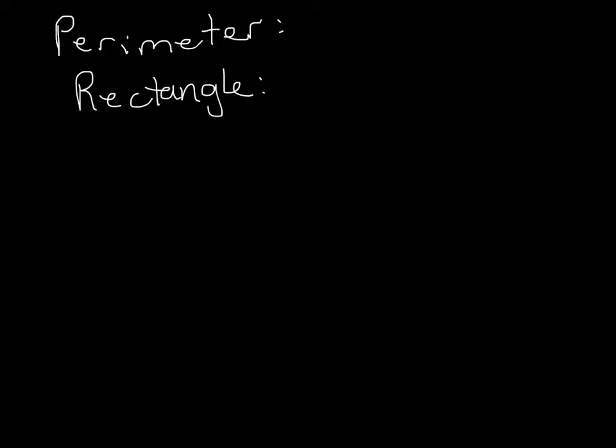But anyway, rectangle, it means the opposite sides are the parallel sides. Opposite sides are parallel, and the corners are 90-degree angles. And the formula for adding up the sides of a rectangle algebraically is 2 times the length plus 2 times the width.